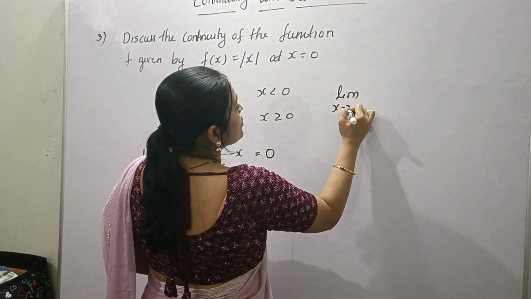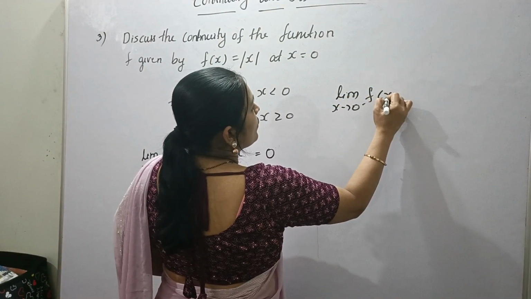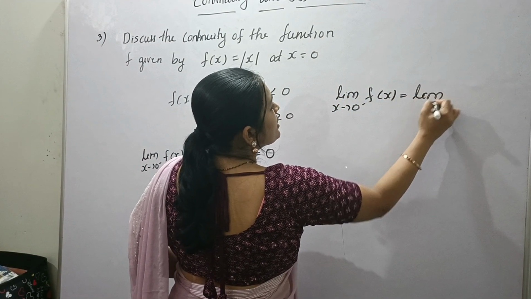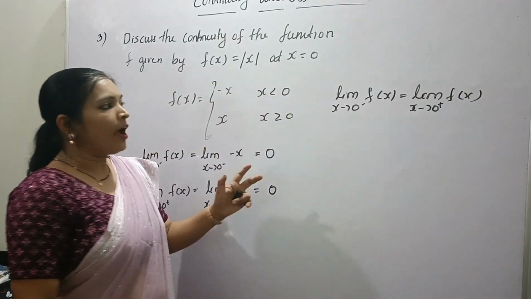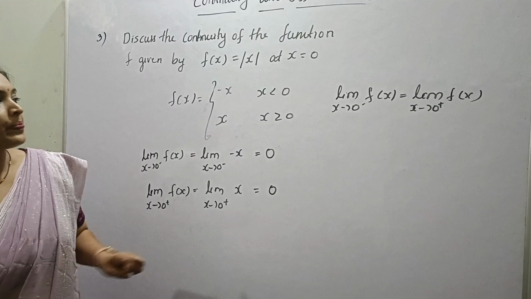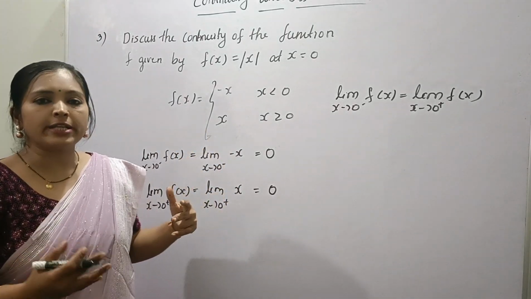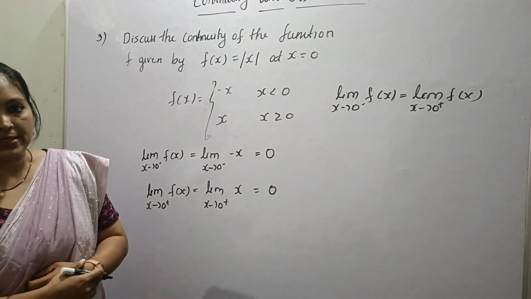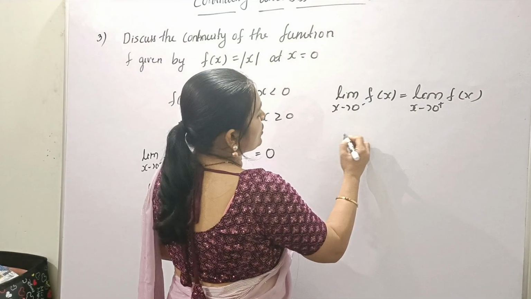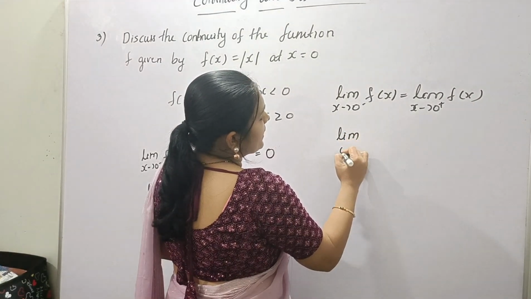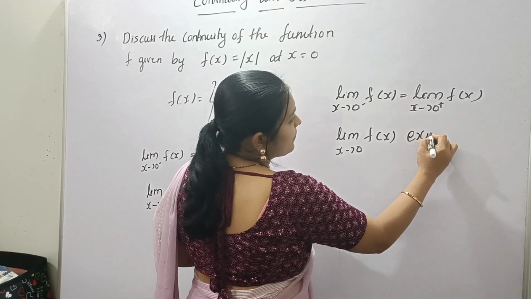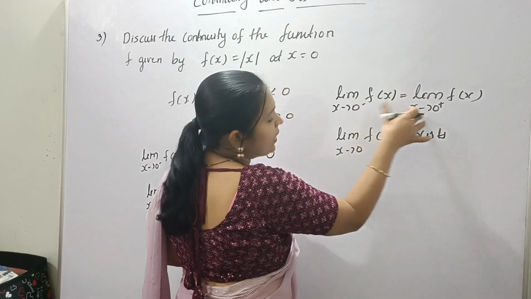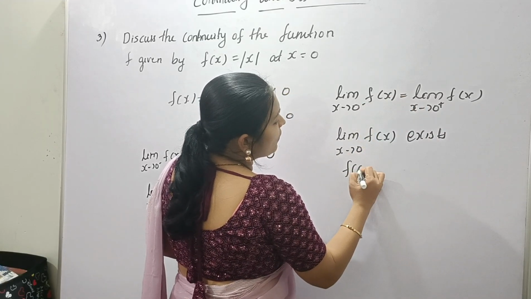Limit x tends to 0 minus f of x is equal to limit x tends to 0 plus f of x. Now we have got these two are same, and therefore limit x tends to 0 f of x exists. Then what is the value of the function? What is f of 0?